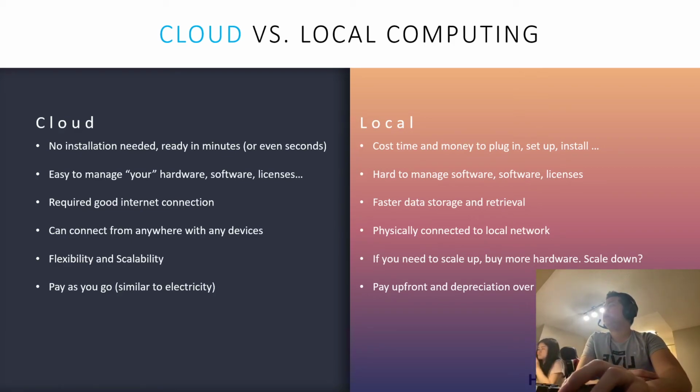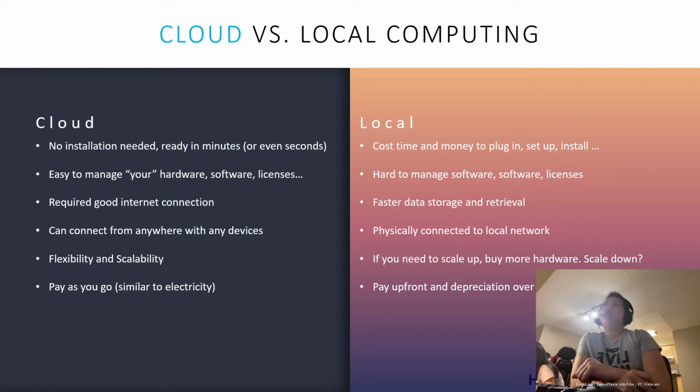Using cloud, you have flexibility and scalability. It means that if you set up a new application and have a lot of users coming in, it automatically scales up for you, and when not a lot of users are using your application, it scales down, so you don't have to pay for a lot of hardware and software.